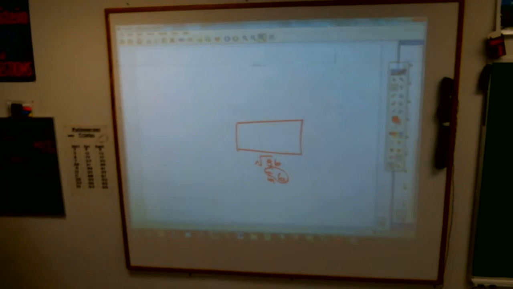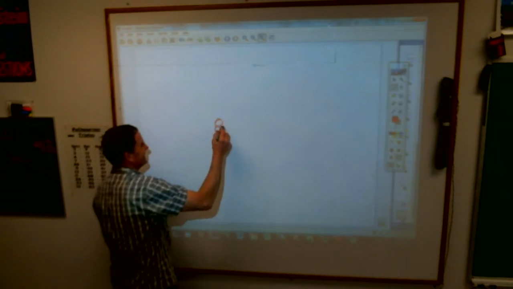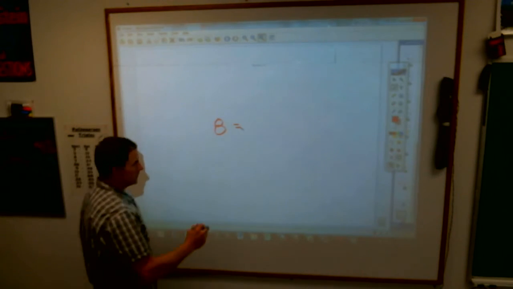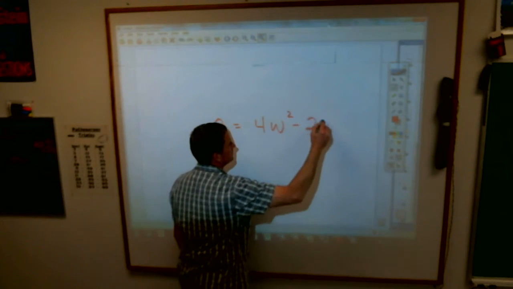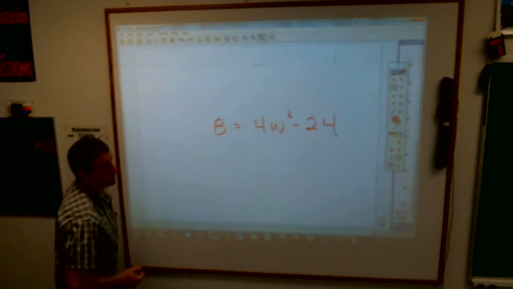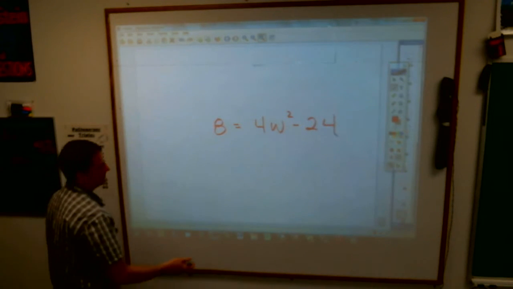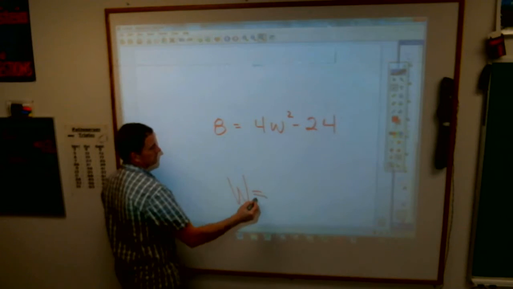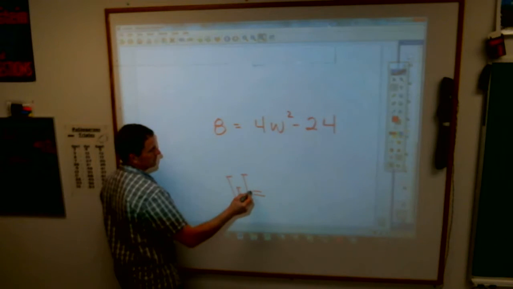How about one more? Let me give you this one and see if you can come up with the answer. 8 equals 4w squared minus 24. Let's see how many people actually can get the correct answer for that. Solve that for w. What does w equal?